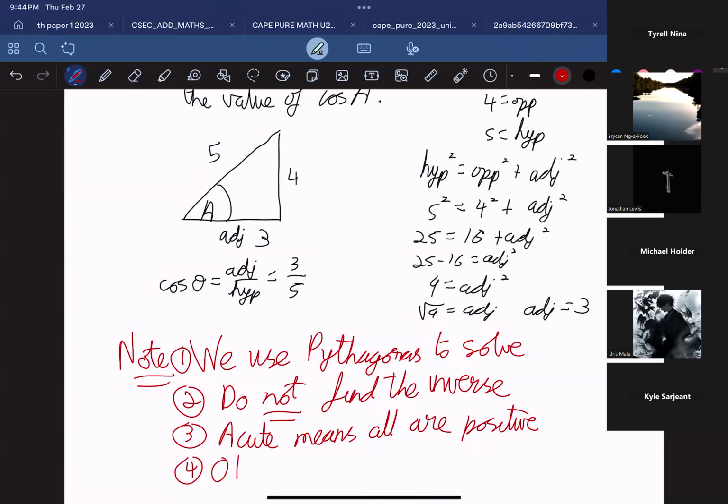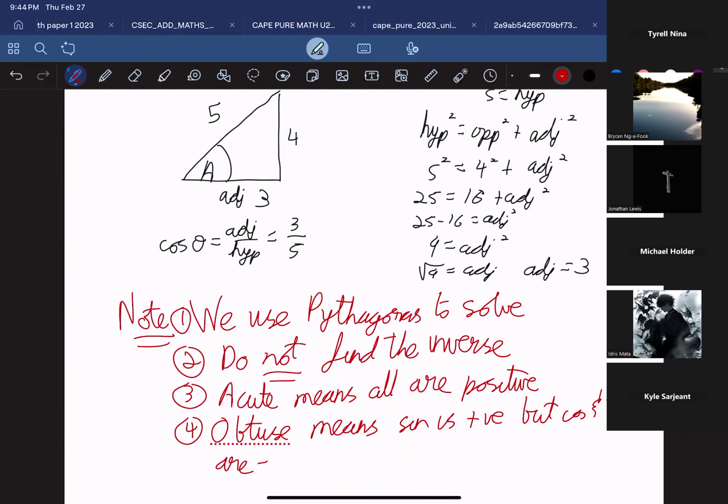Four, obtuse means sine is positive, but cos and tan are negative. So these are the things you have to note.